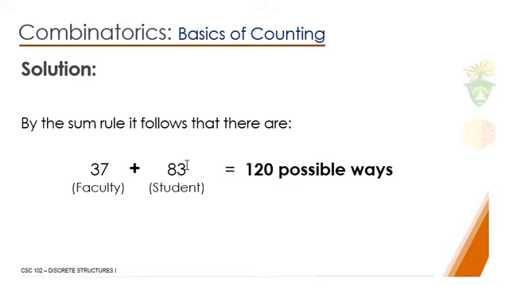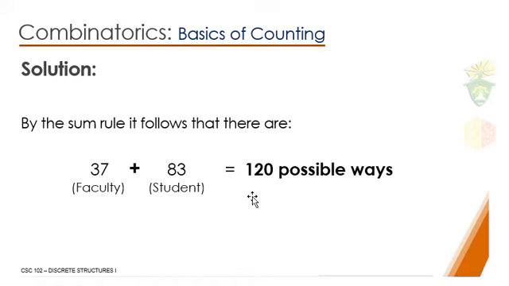Now, there is no instance where someone is both faculty and student, so we just have to add the two values. So, we have 120 possible ways to pick the representative for the committee.